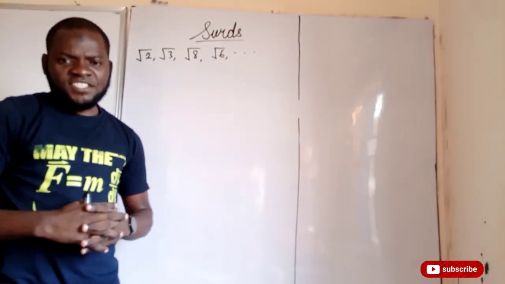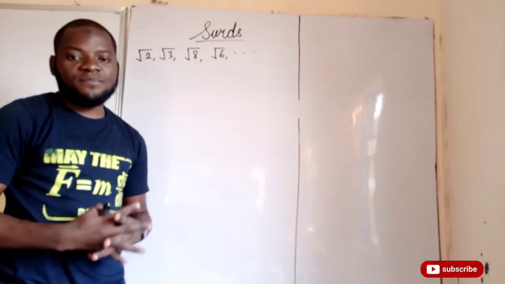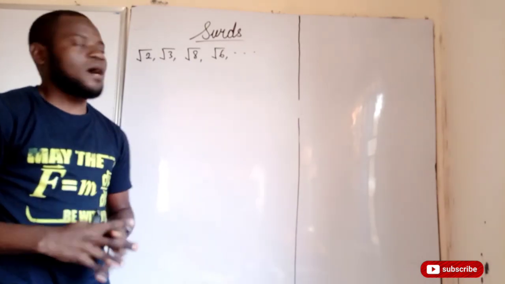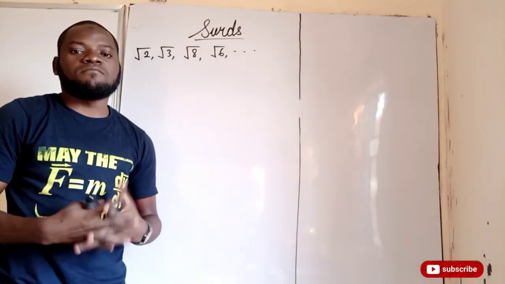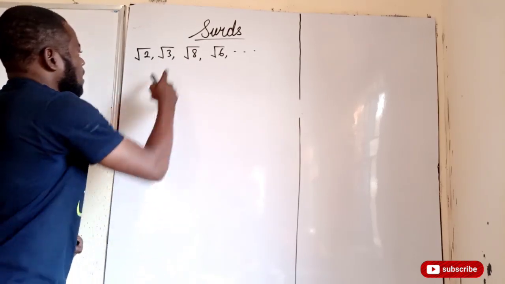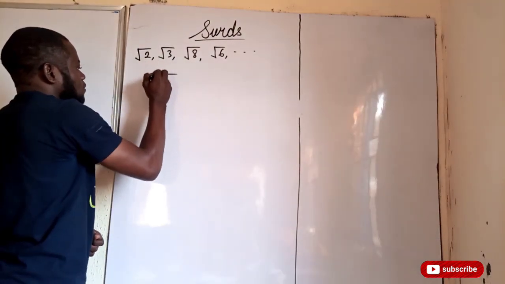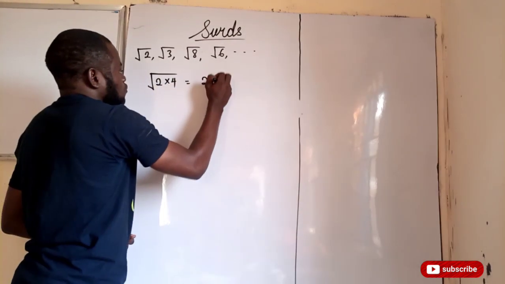Now, you will question me that I said surds are the square root of a prime number, but is 8 a prime number and also is 6 a prime number? They are not prime numbers, but they are the product of prime numbers. In other words, I can write root 8 as the square root of 2 times 4, and this implies 2 root 2.